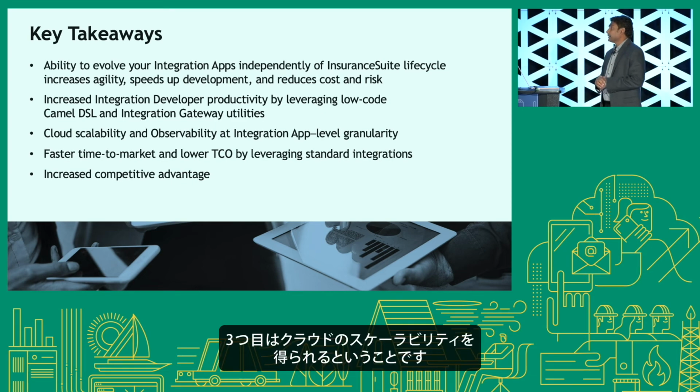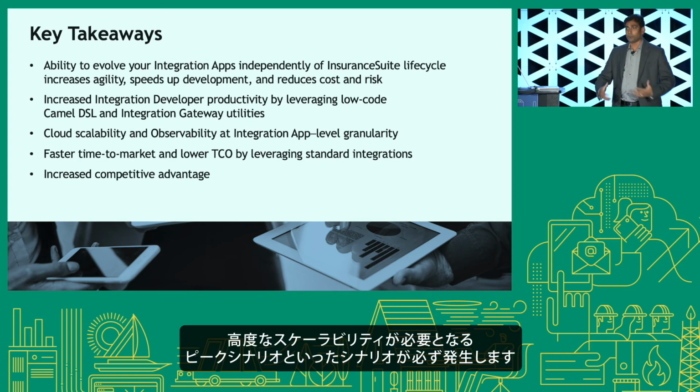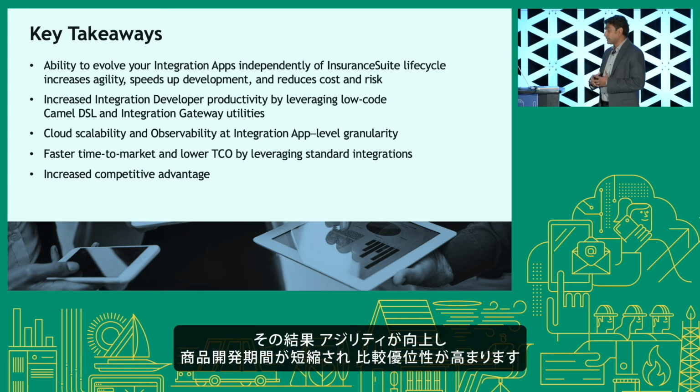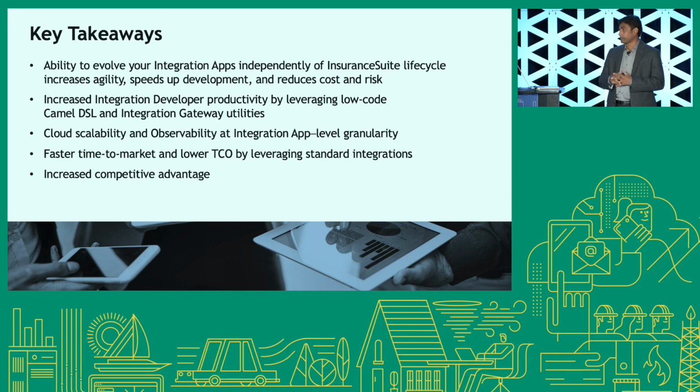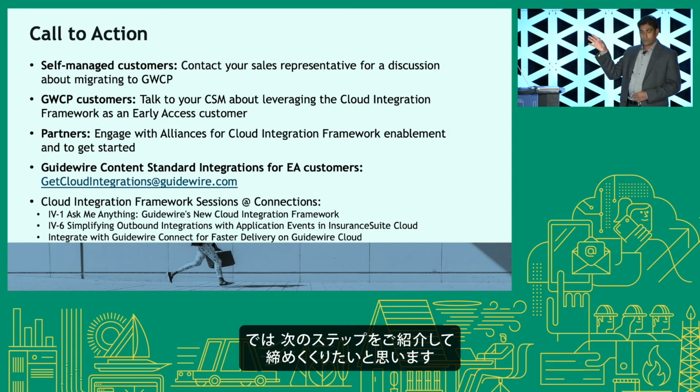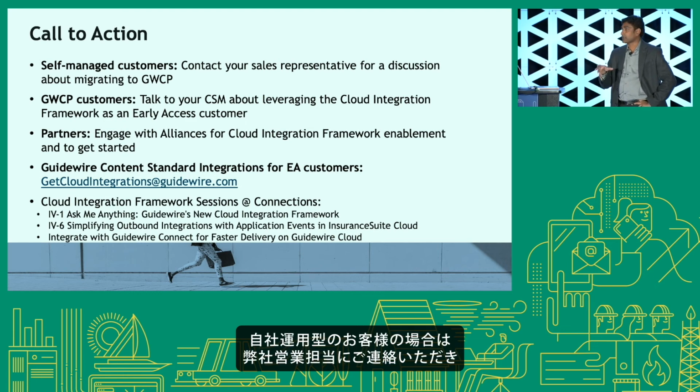And then you get cloud scalability. There are always peak scenarios where you need to be highly scalable at an integration level. You also get observability at the integration app granularity. And this will lead you to faster time to market and increased competitive advantage.